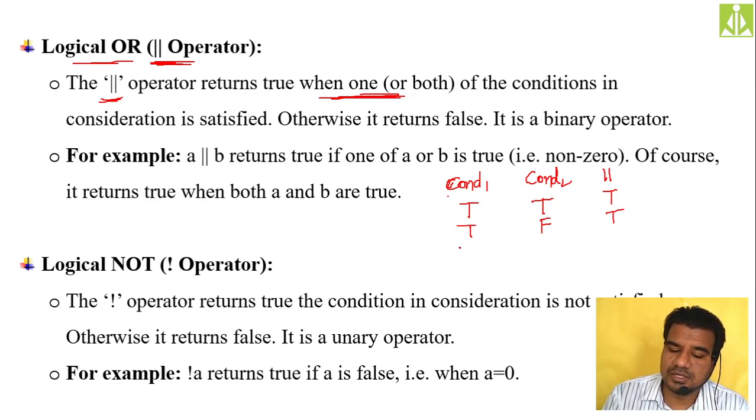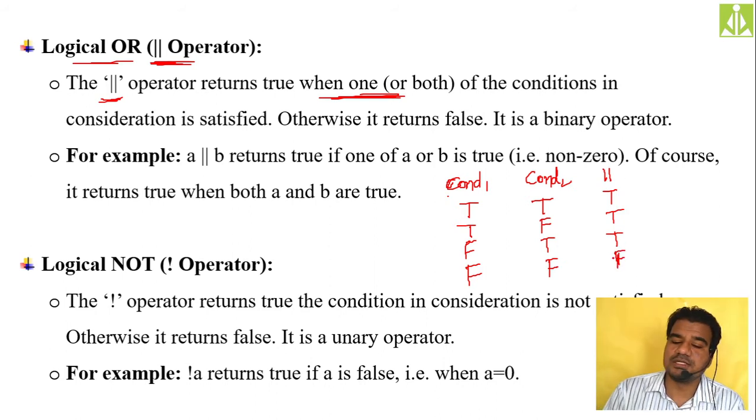In the third case, condition 1 is false and condition 2 is true, and it will also return true because condition 2 is true. When condition 1 is false and condition 2 is also false, ultimately you will get false in the result.